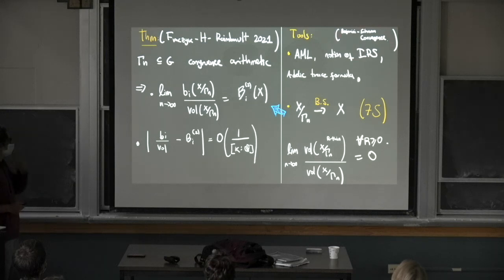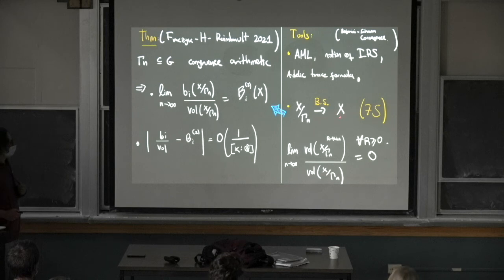What it says basically is that a sequence of manifolds Benjamini-Schramm converges to another manifold if for every R you look at the manifold and where the injectivity radius is smaller than R, the volume of that, the thin part of the manifold, is much smaller than the manifold.